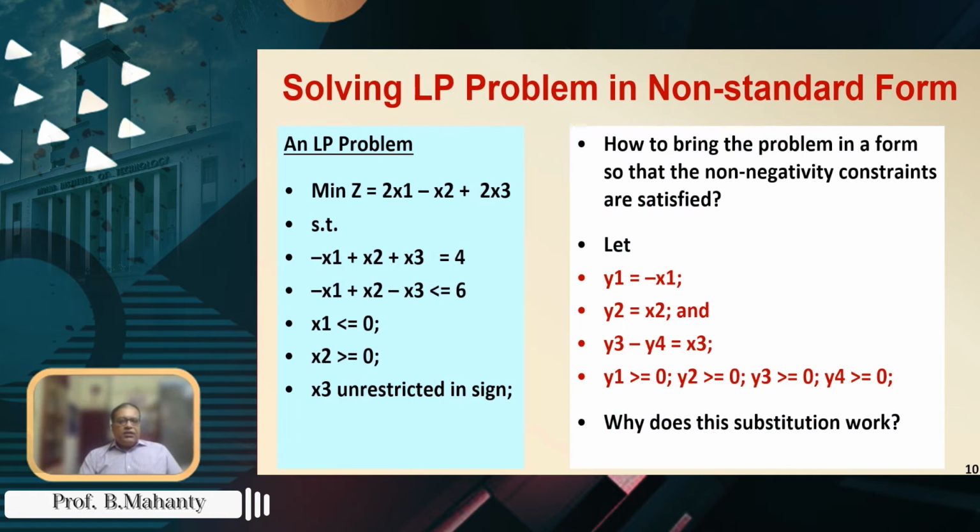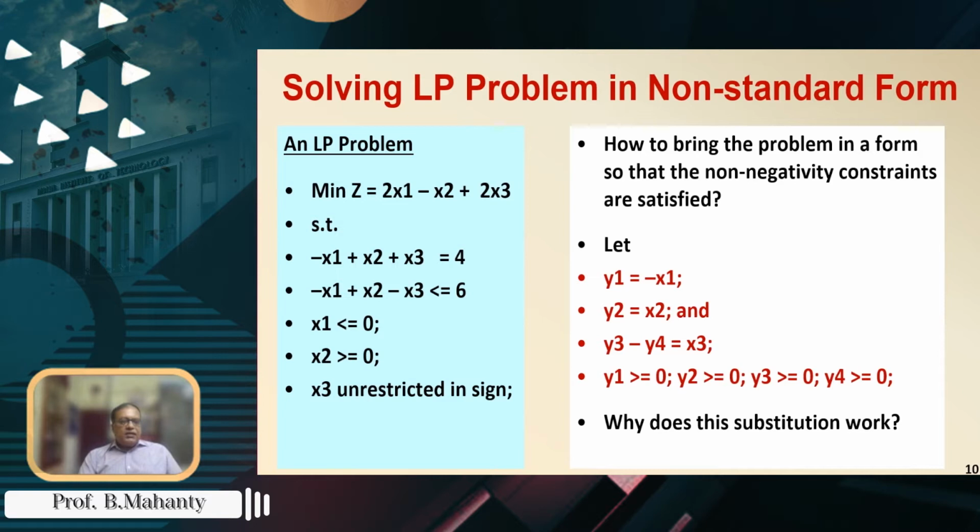So what kind of substitution? Already we discussed how to bring the problem into a form so that non-negativity constraints are satisfied. So y1 equal to minus x1, y2 equal to x2, and y3 minus y4 equal to x3. And y1, y2, y3, y4, they all are greater than equal to 0. So why does this substitution work?